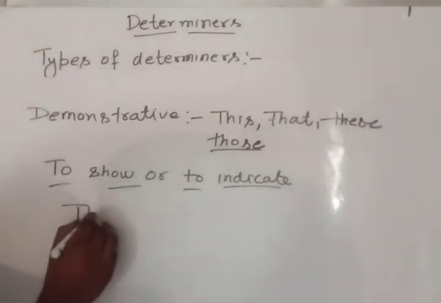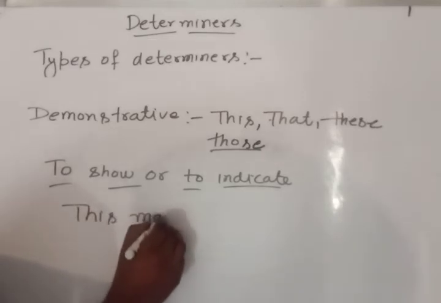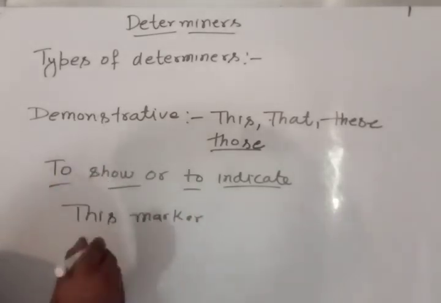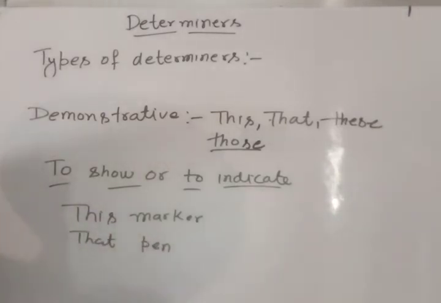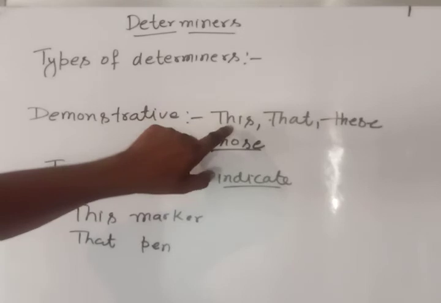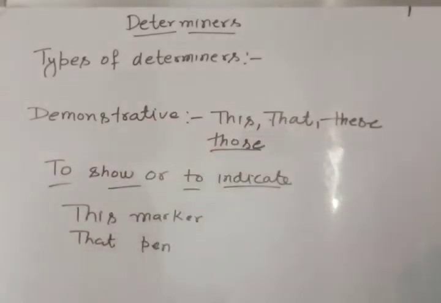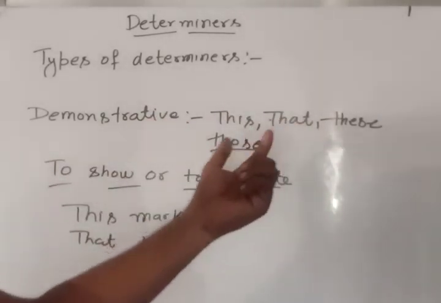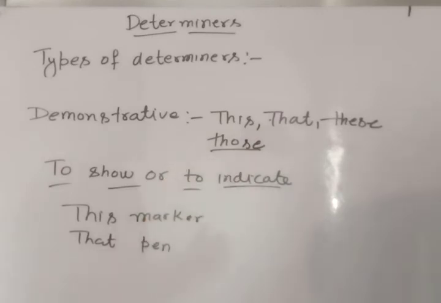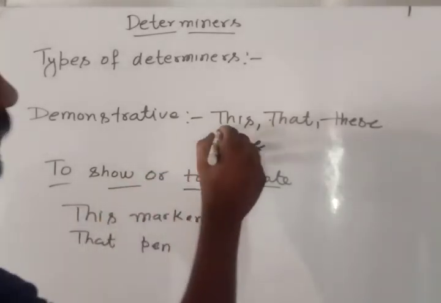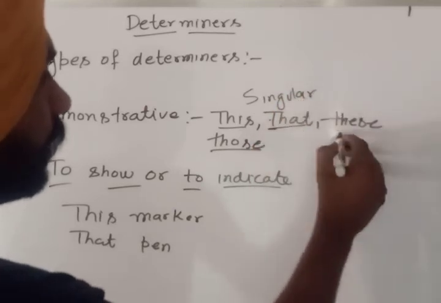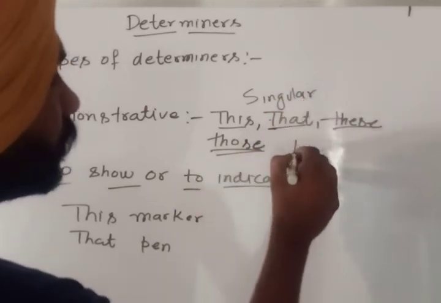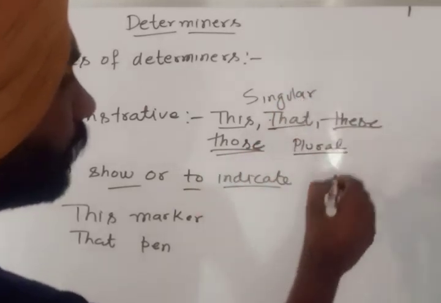For example, this marker, that pen. And mostly we use this and these for the things that are close to us, that and those we use for the things that are far from us. This and that we use for singular, these and those we use for plural.